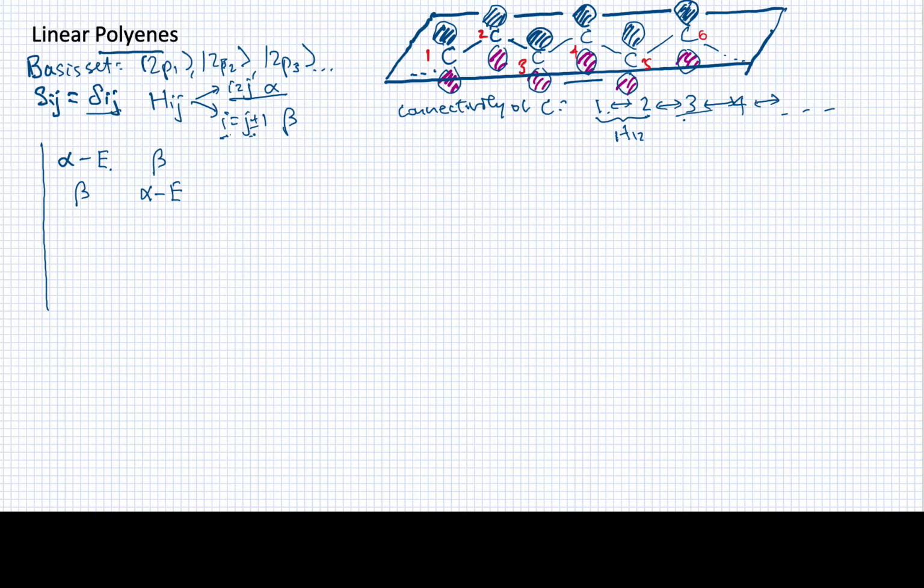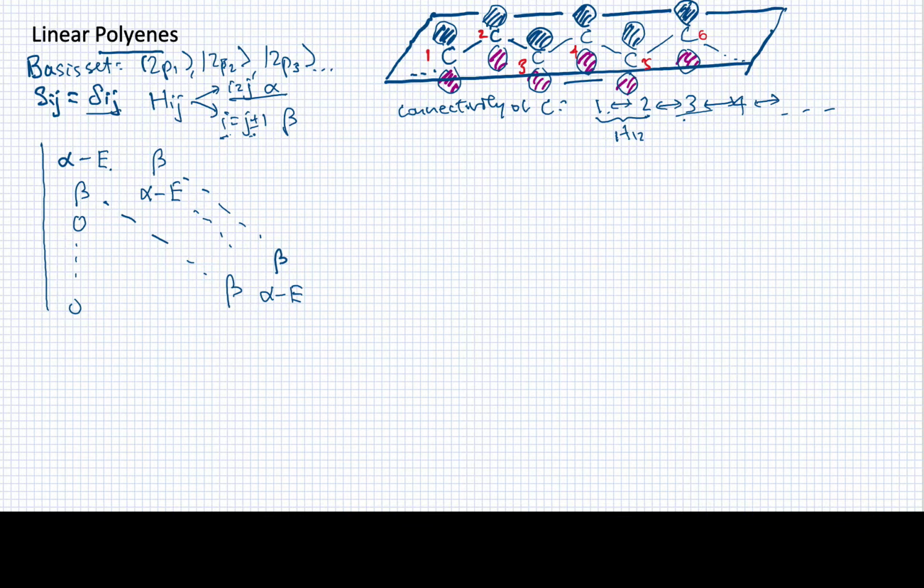Well, this pattern is going to continue for a linear polyene throughout the secular determinant, and we'll come down here to the lowest one being alpha minus E. It will have betas above and to the left of it. All of the other elements in this secular determinant, I should say, one off the diagonals will all be betas.